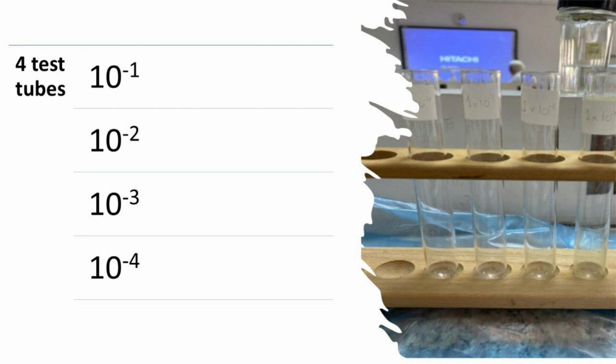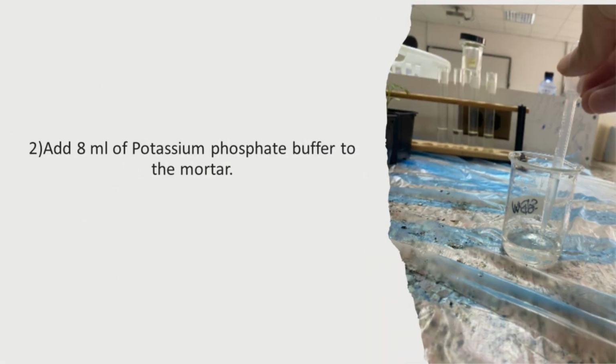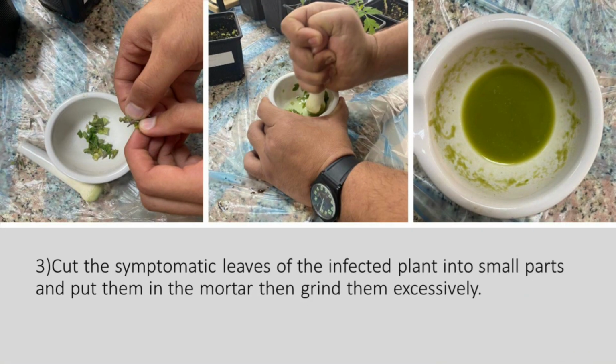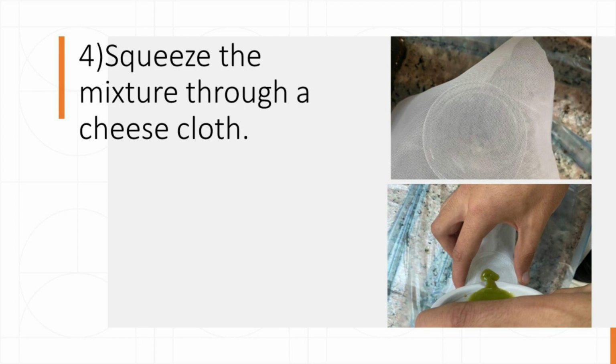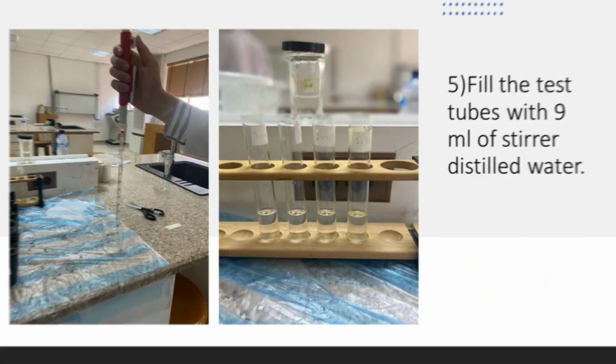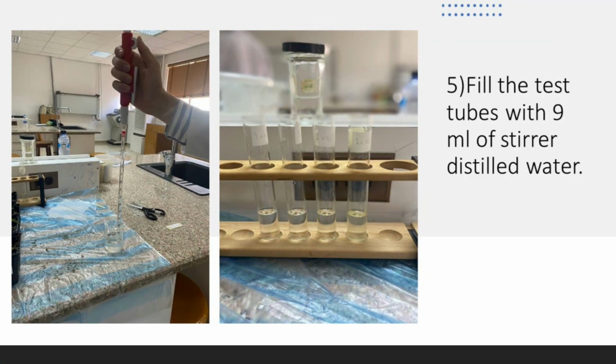4 test tubes: 10^-1, 10^-2, 10^-3, 10^-4. 2. Add 8 ml of potassium phosphate buffer to the mortar. 3. Cut the symptomatic leaves of the infected plant into small parts and put them in the mortar, then grind them excessively. 4. Squeeze the mixture through a cheesecloth. 5. Fill the test tubes with 9 ml of sterile distilled water. 6.